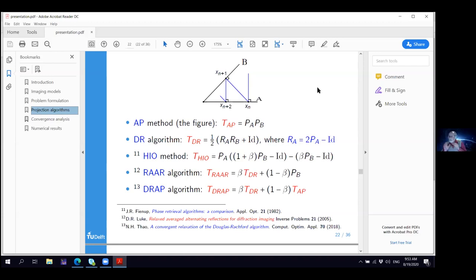I just want to make one final comment about that then. If you use these relaxed operators, then I think you lose the key property of the Douglas-Rachford algorithm, which is that it can walk away from local minima that are not in fact intersections, proper intersection points.